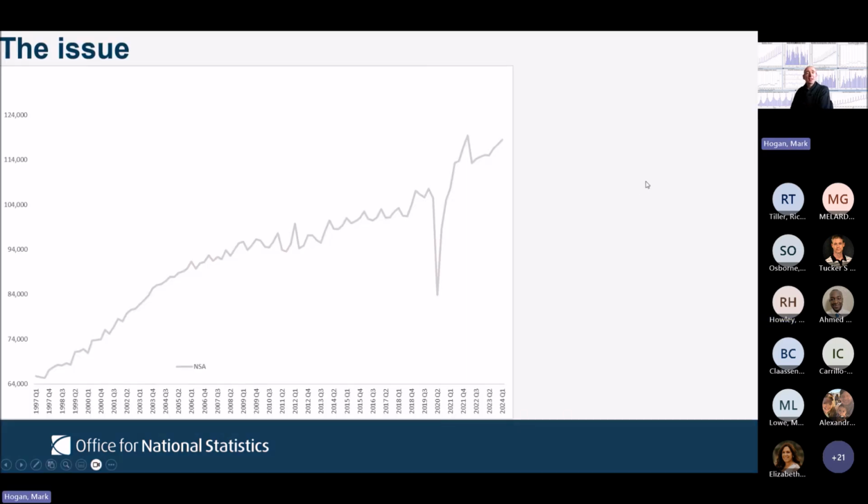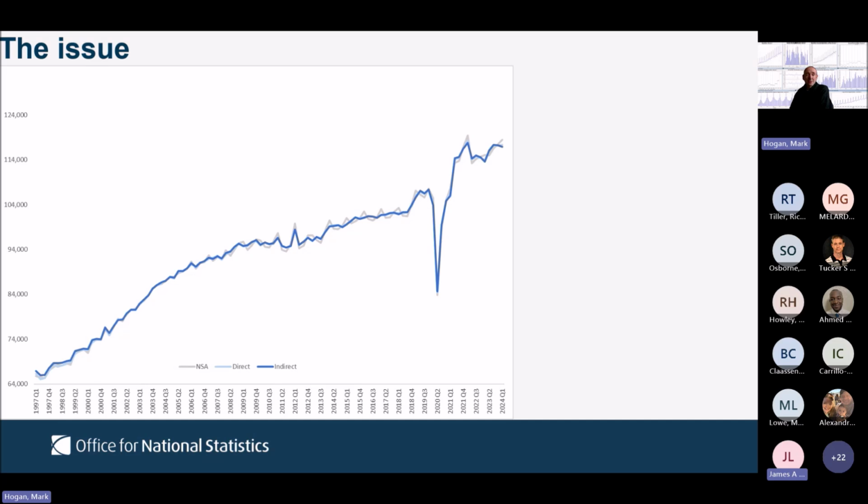So the issue was, I was asked by a business area to help them decide whether to use indirect or direct adjustments. As an example here, I had one of their series and I did the usual analysis of applying direct adjustments here in light blue, then indirect adjustments in dark blue, and checking for revisions and residual seasonality.